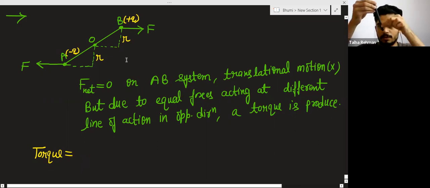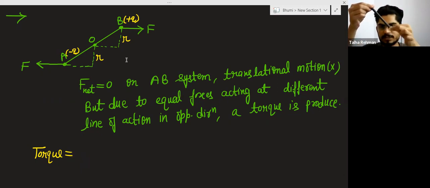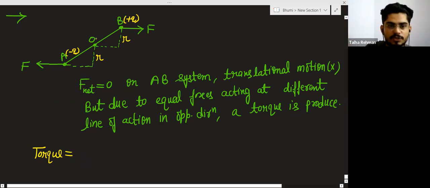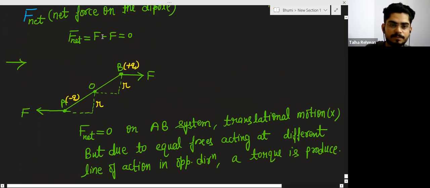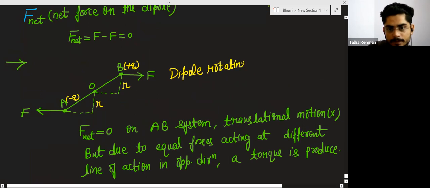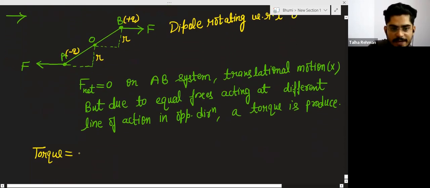So see here, this dipole is rotating with respect to the center point O. So we will take the value of torque as the force multiplied by the perpendicular distance.